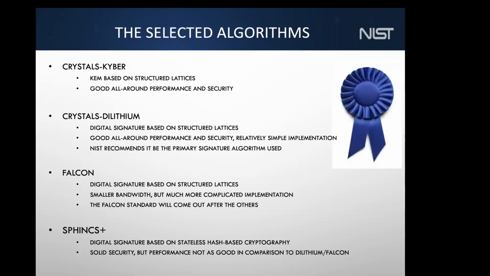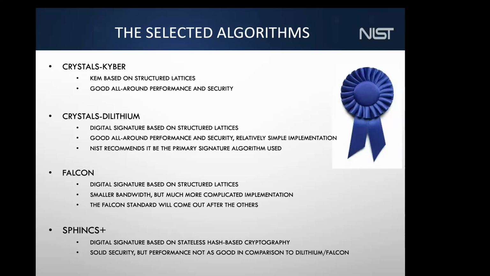Just one slide to kind of summarize the 4 that we did select. Kyber, Dilithium, and Falcon are all based on a mathematical structure called lattices, specifically structured lattices. All 3 have really good all-around performance and security. Now we chose 2 lattice-based signatures.